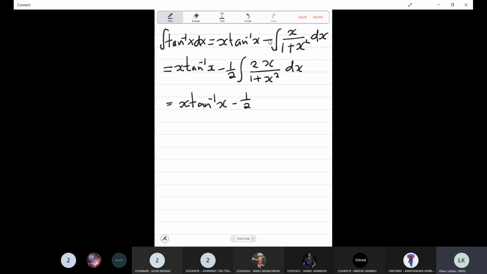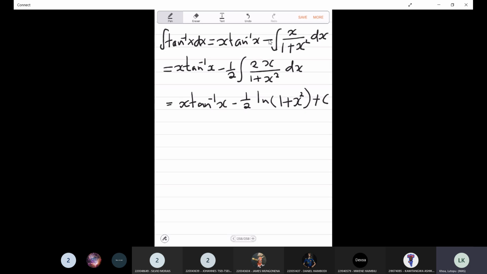And here, this is ln of 1 plus x squared. And then you add your constant of integration. So that about covers all the different types of questions that you can solve using integration by parts.